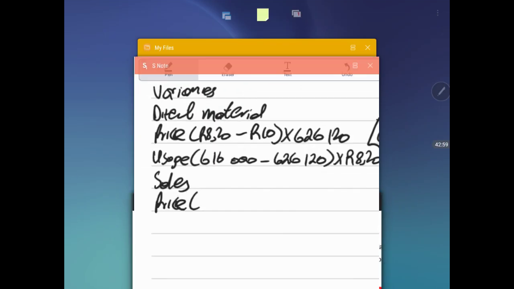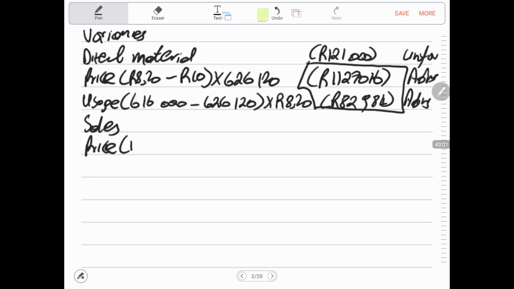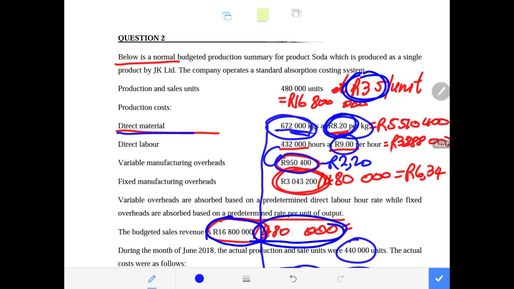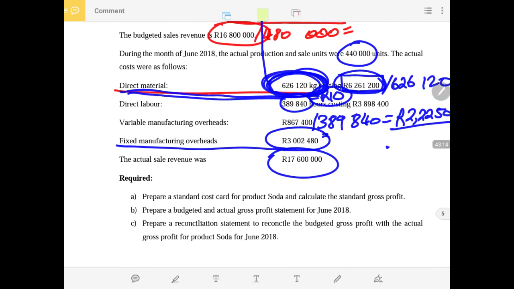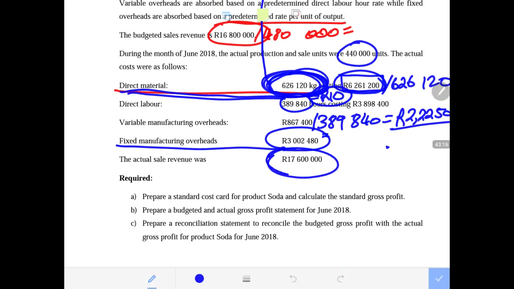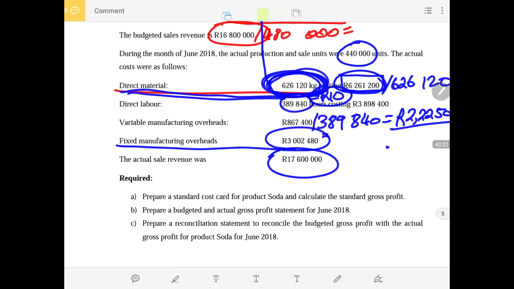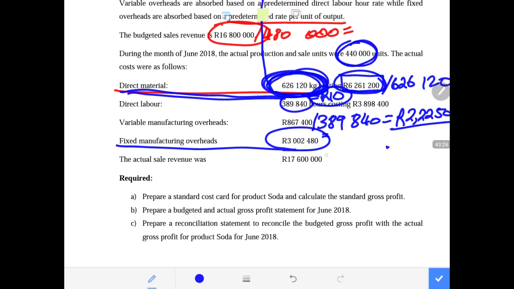So now let us record the budgeted selling price of 35 rand minus, we don't know yet how much the actual selling price was. Then let's go and check in our actual information. Actual information told us that we actually sold inventory up to the value of 17.6 million. And this 17.6 million was the sale of 440,000 units.